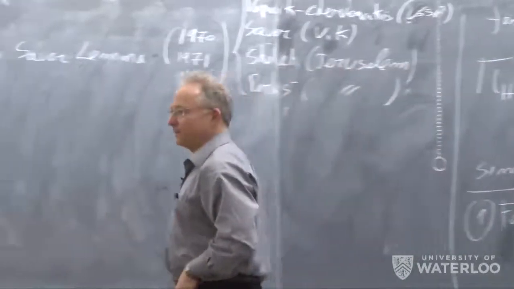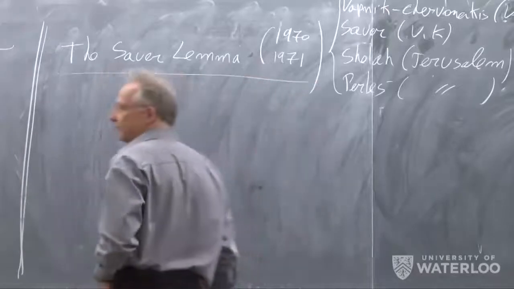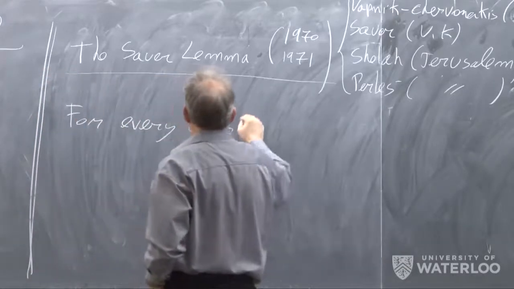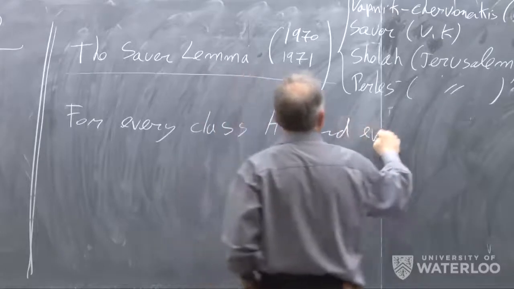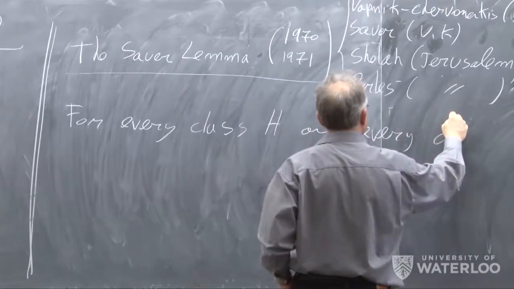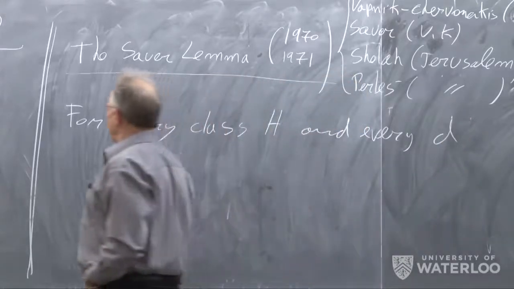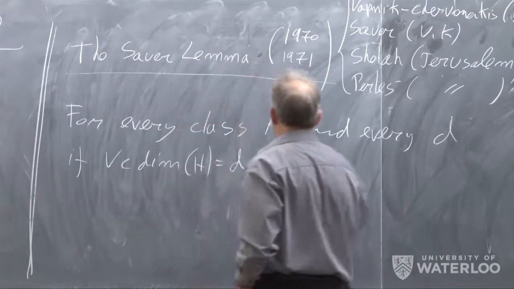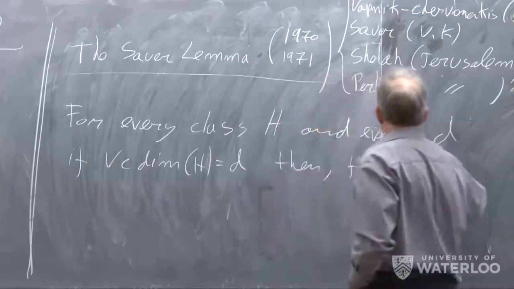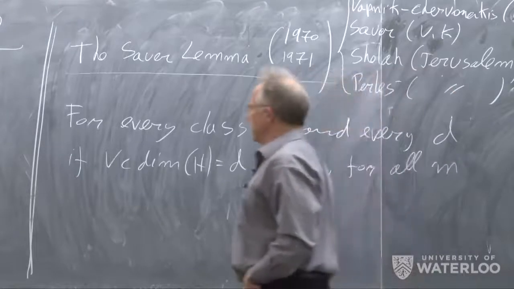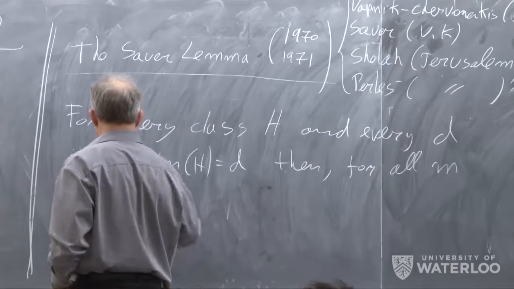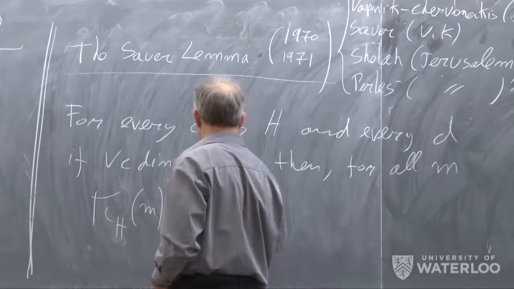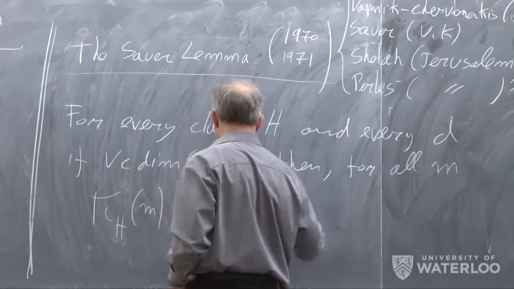Now let's get to the lemma. The lemma is that for every class H and every d, if the VC dimension of H equals d, then for all m, the shatter function Pi_H(m) is at most the sum for i from 0 to d of m choose i.